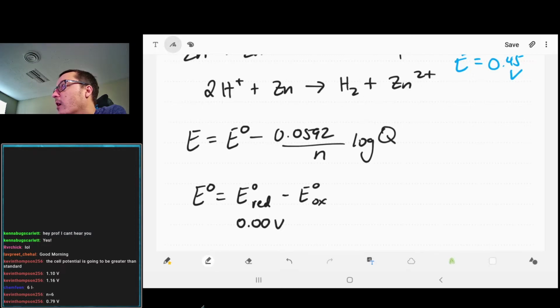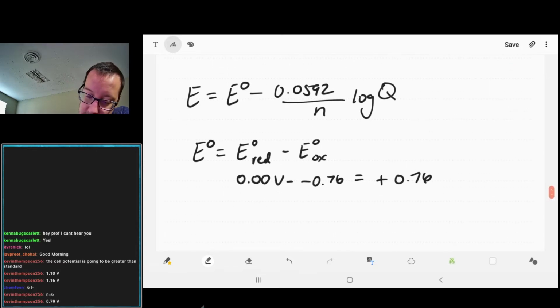It's negative 0.76. All right, so we end up getting plus 0.76 as our E at standard conditions.